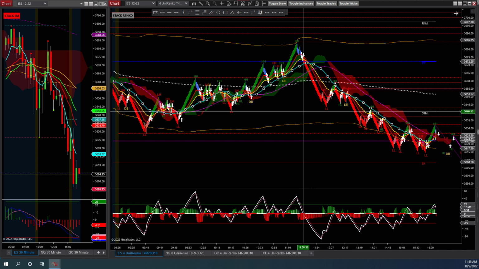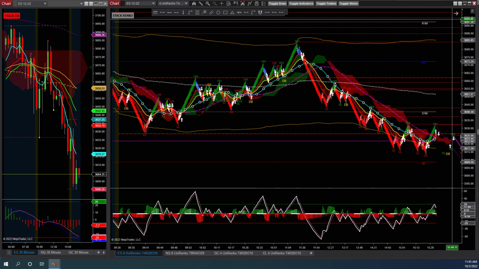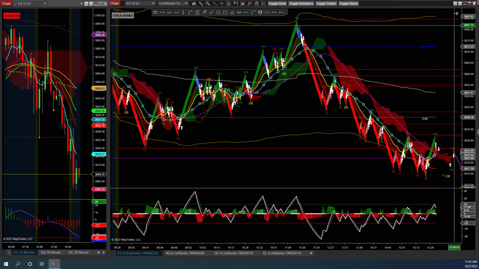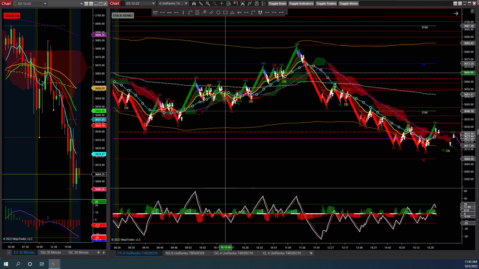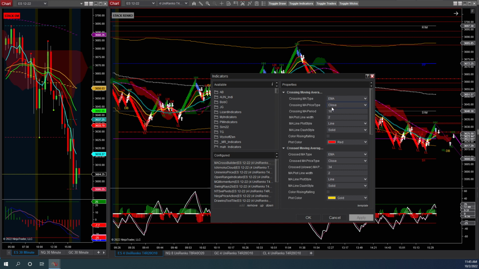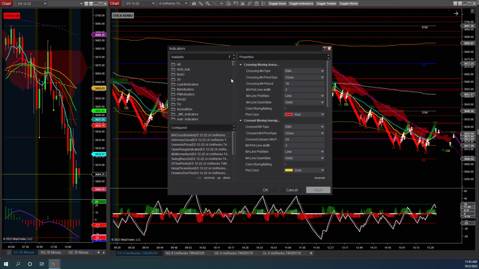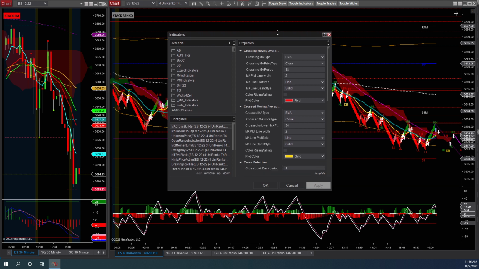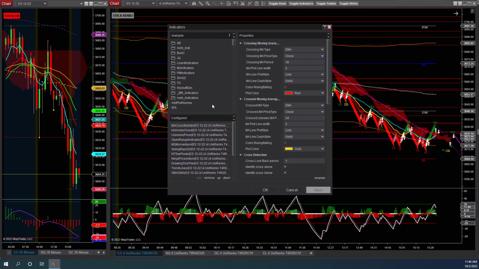So let's eliminate a couple of indicators here to get basically a cleaner chart. I'm going to go to this indicator setup, and then I'm going to review each one of them and let you know which ones I'm going to keep.